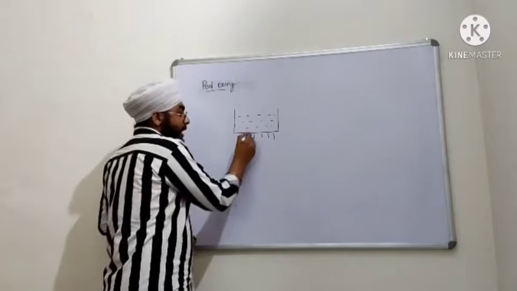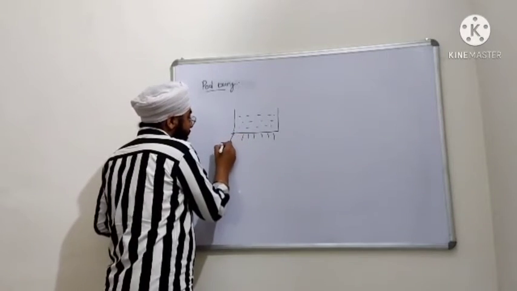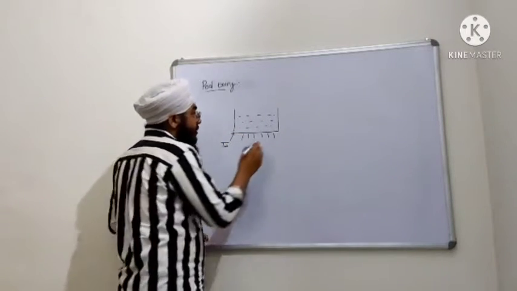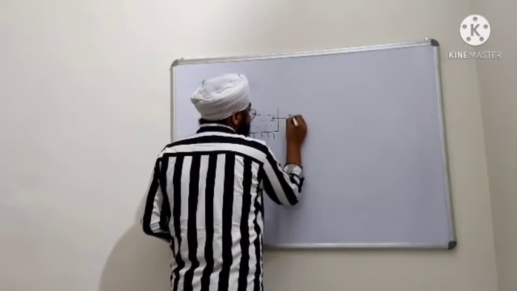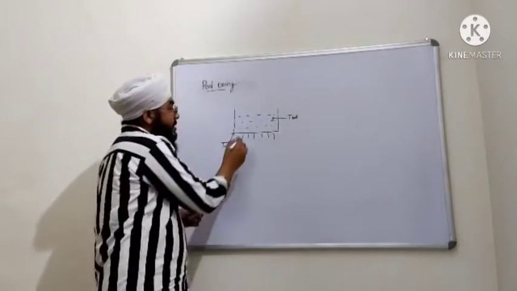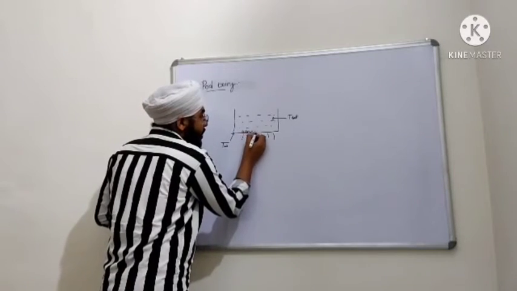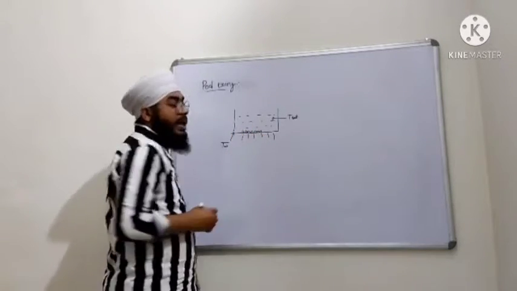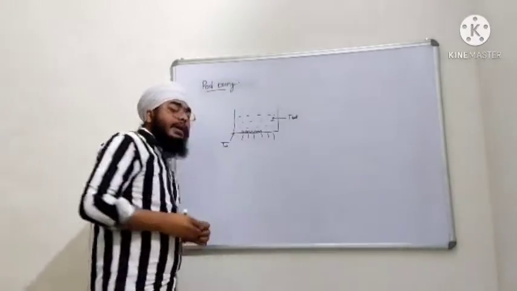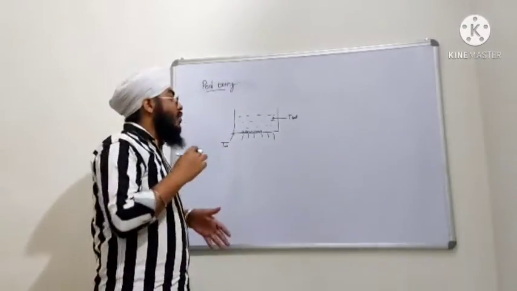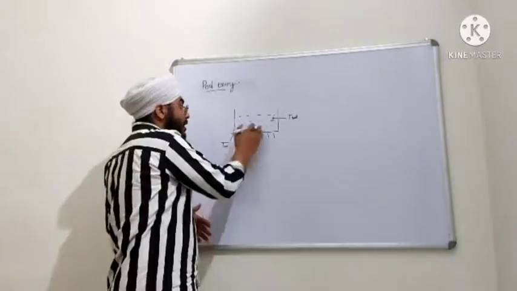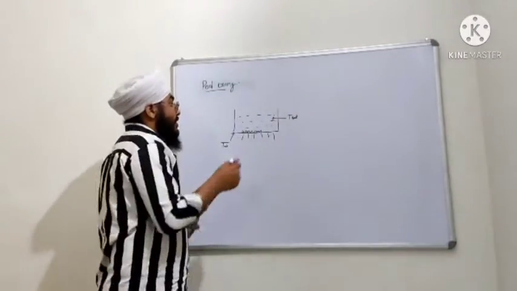Now, let us say this is at the temperature TW, and this is at a temperature T saturation. Now, this heat will transfer to the particles that are just below or just in contact with the surface. These particles will get heated and acquire a temperature greater than the rest of the liquid's temperature.